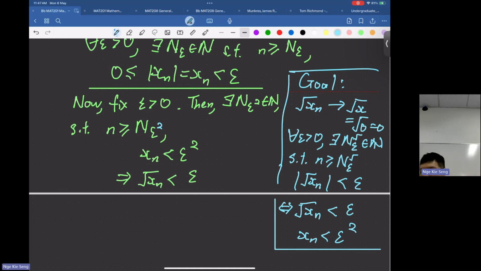We need to define this to be our N epsilon square root. Yes, this is the N that we need to choose. Okay, make sense?